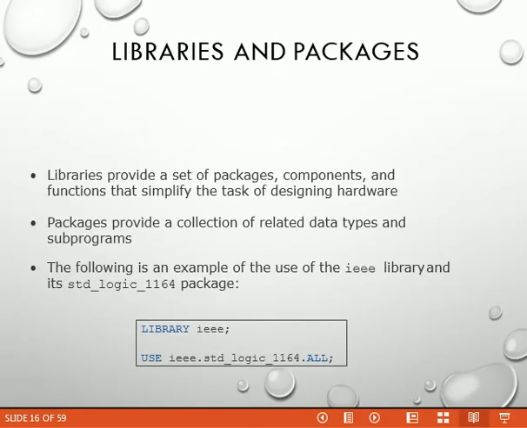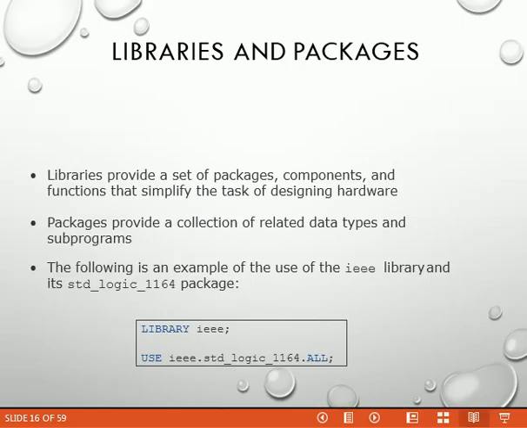So here let us discuss the library and packages. As in the earlier slide, the diagram showed that there are different parts of this library, that is the set of packages, then components and then functions that simplify the task of designing hardware.